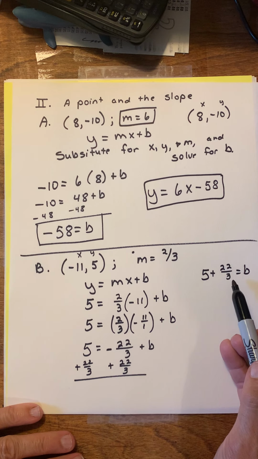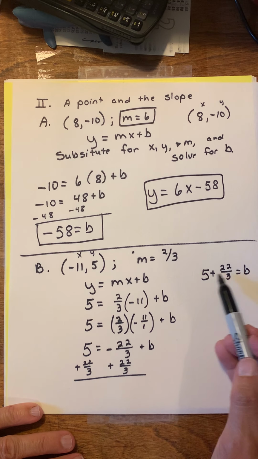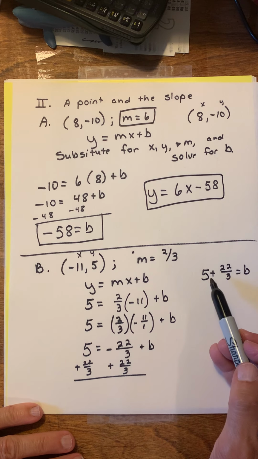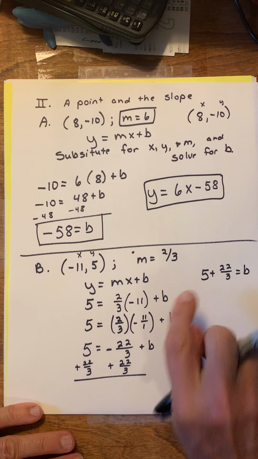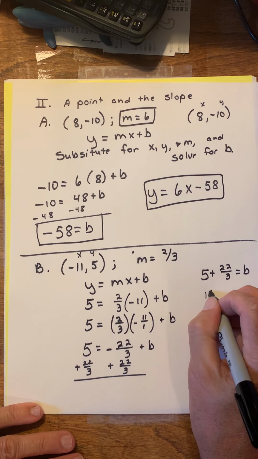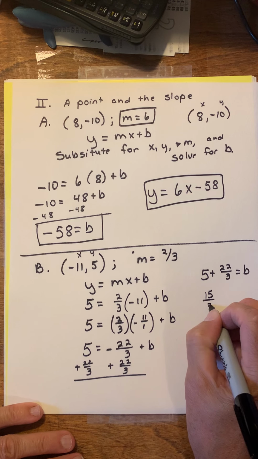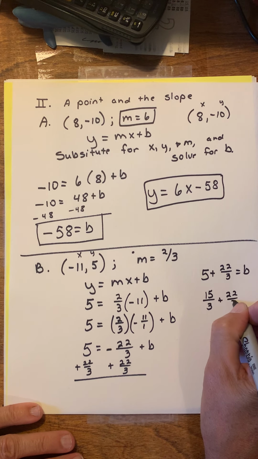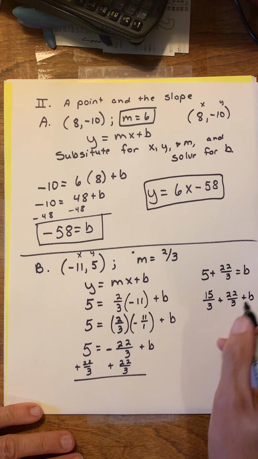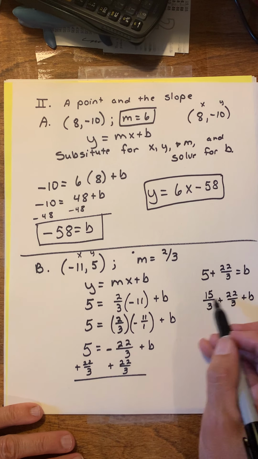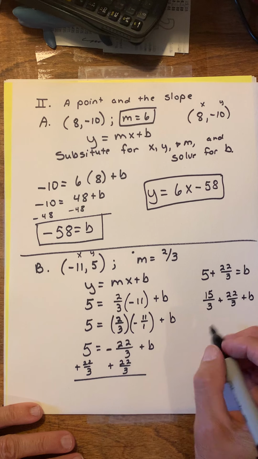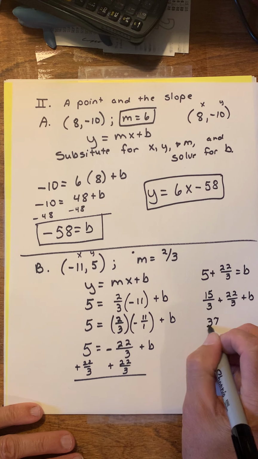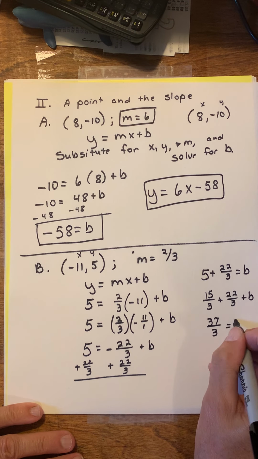Recall this: to add fractions, they have to have the same denominator. So I'm going to change 5 to thirds, 15 thirds. Now I can combine these two fractions. They have the same denominator. Just add the numerators. That's 37 thirds.